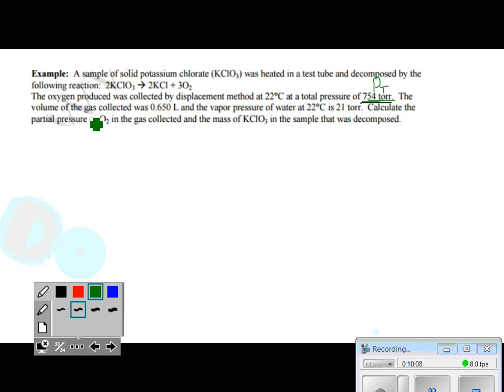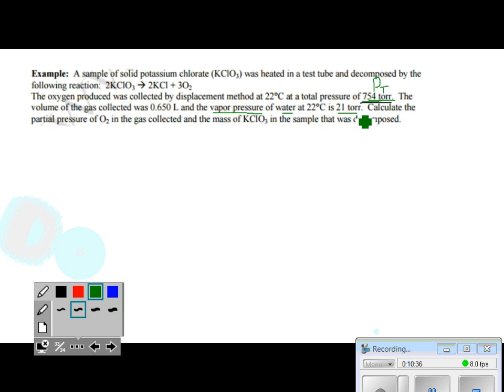The volume of the gas collected, so the volume of the oxygen gas collected is 0.650 liters, and the vapor pressure of water at 22 degrees Celsius, which is the temperature that my reaction happened, is 21 torr. And I want to calculate the partial pressure of oxygen first, and then I want to figure out the mass of the potassium chlorate that decomposed.